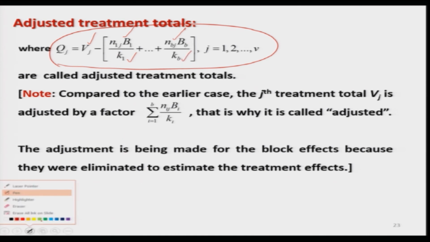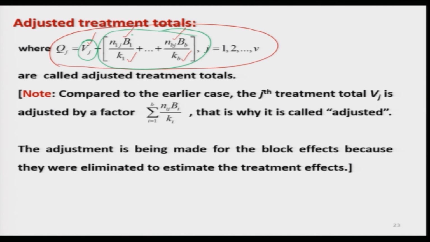But in the case of the complete block analysis, the treatment total was given only by V j. Now, what are you trying to do? You are trying to subtract this term from V j. You are trying to adjust the treatment total by a certain factor. That is why this q j is called the adjusted treatment totals, right.